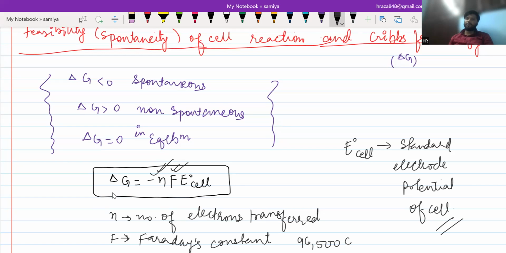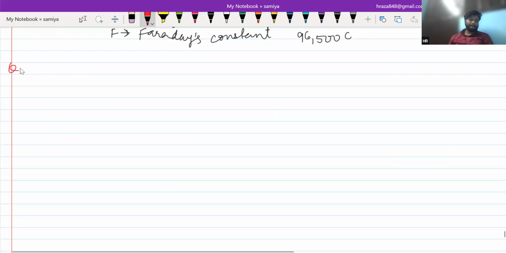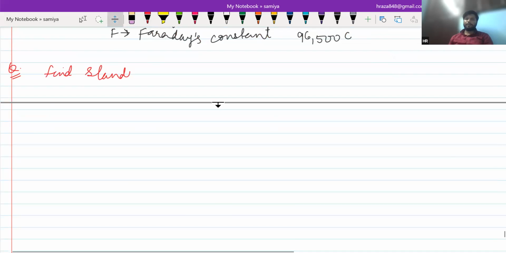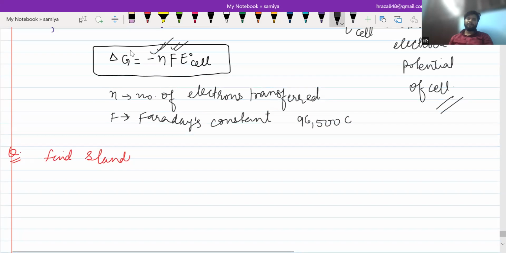If it is less than 0, the cell will be feasible or spontaneous. If it is greater than 0, the cell will be non-spontaneous. So the first question comes out to be, find the standard free energy, that means delta G naught. Since we are talking about standard, write delta G naught.